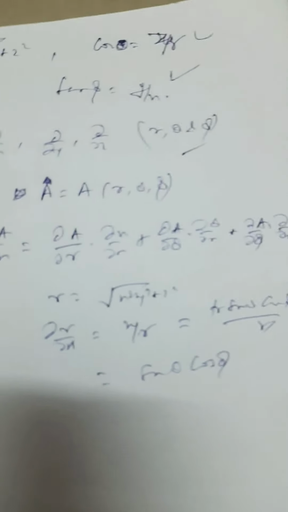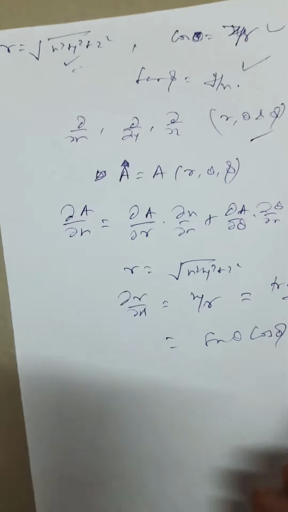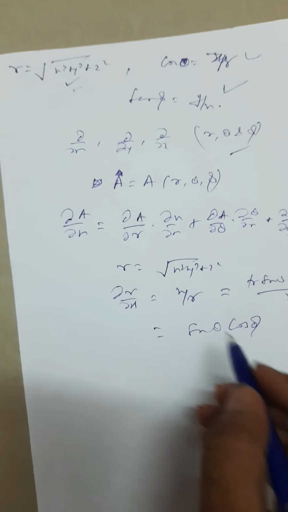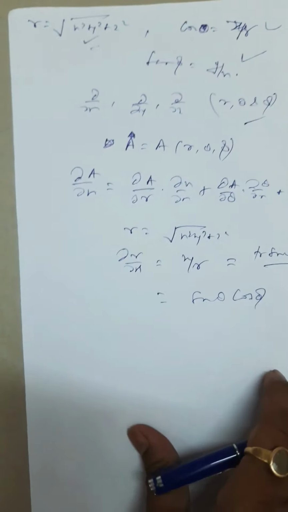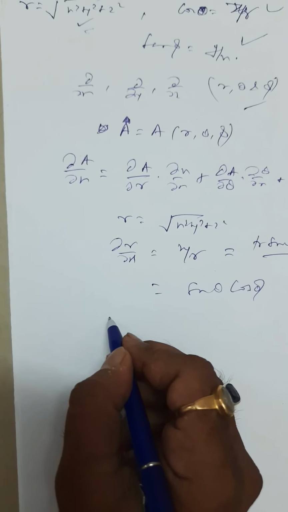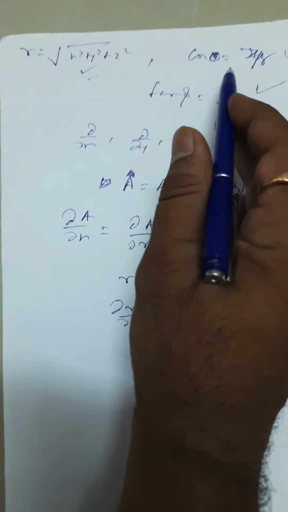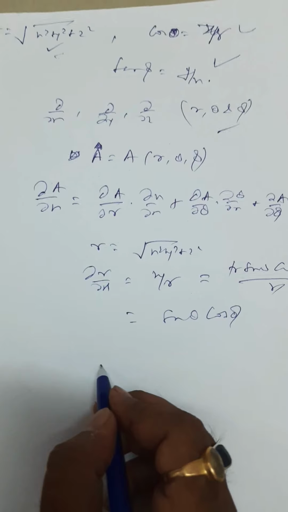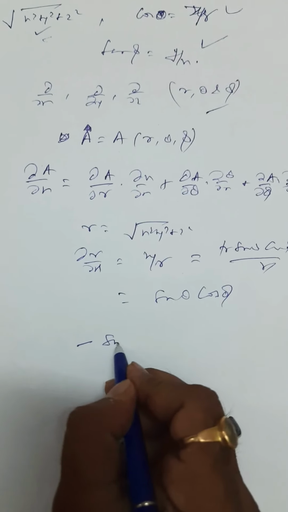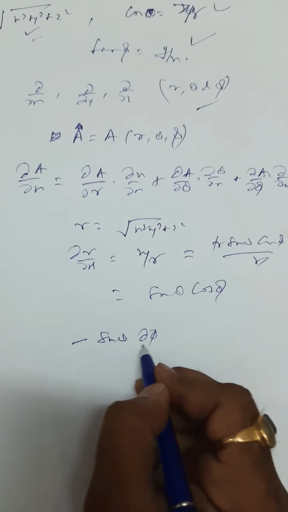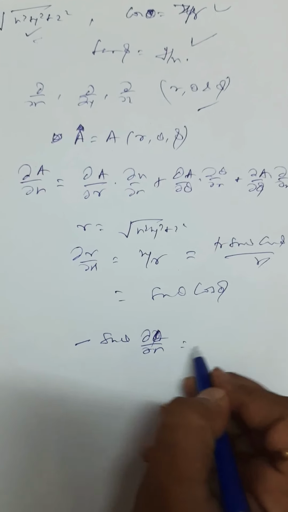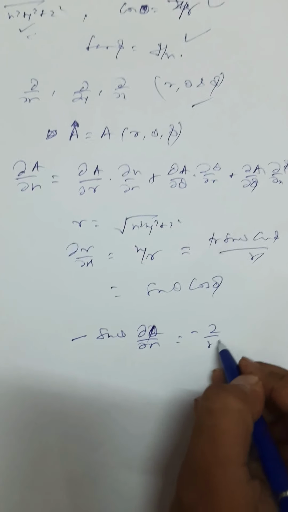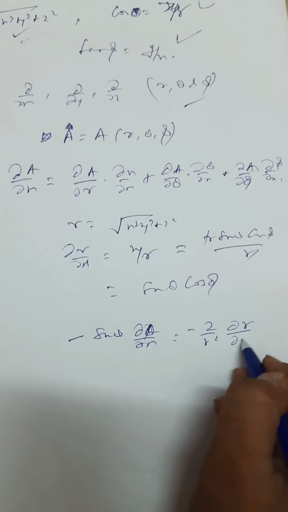Then we'll differentiate cos theta equals z by r with respect to x. Differentiating, we get minus sin theta del theta by del x equal to minus z by r square del r by del x.